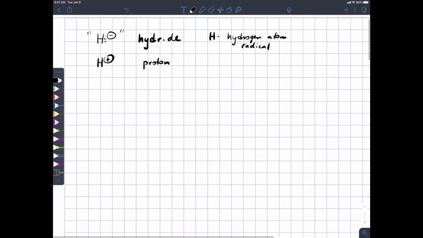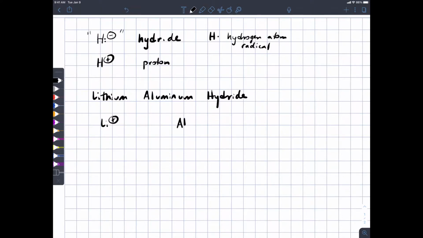The first is called lithium aluminum hydride. And this is a very reactive reagent. Lithium is the counter ion, aluminum is a metal, and it's bonded to 4 hydrogens. I guess the structure would be tetrahedral.